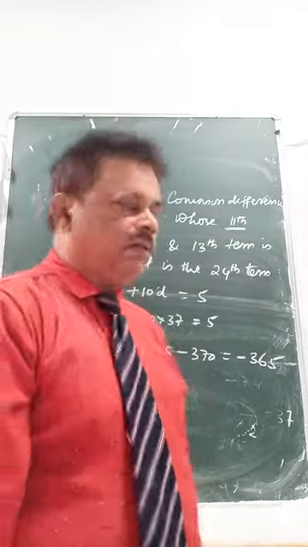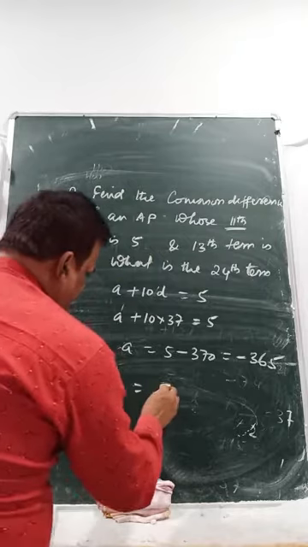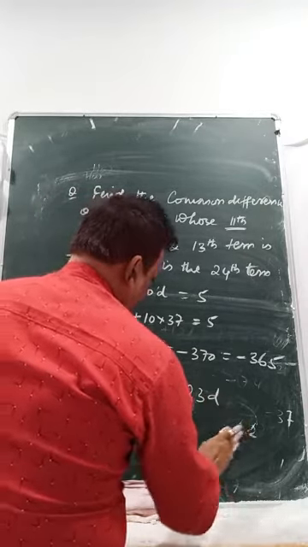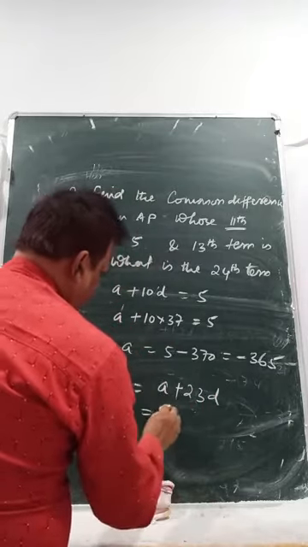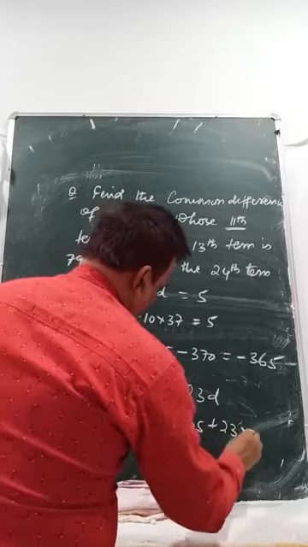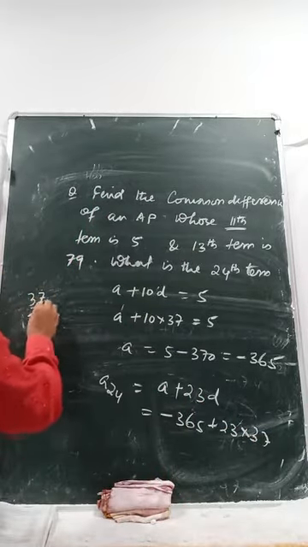Okay, then A24 formula is A plus 23D. Same means minus 365 plus 23 into 37. So 37 multiplied by 23.